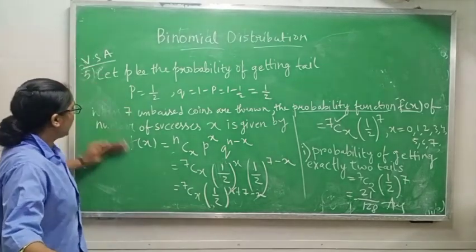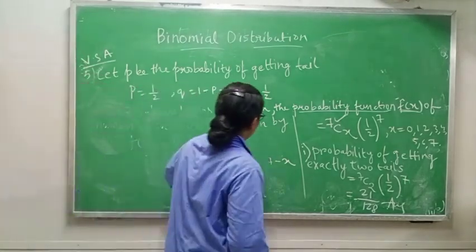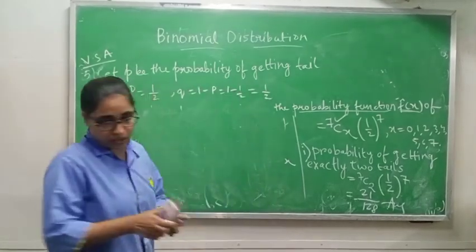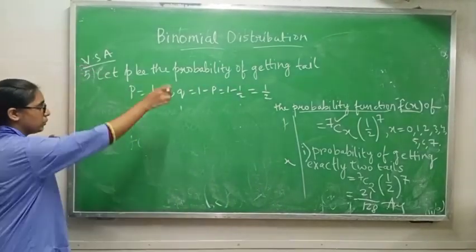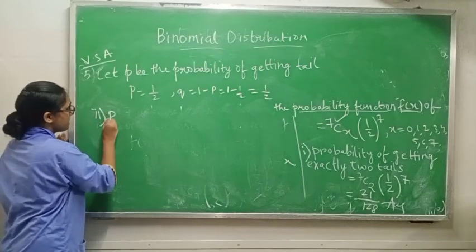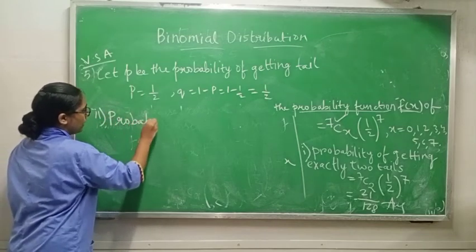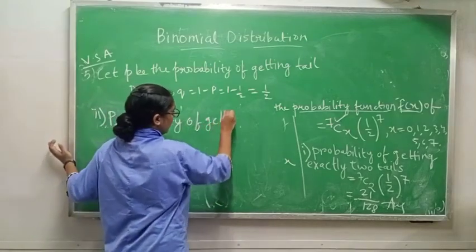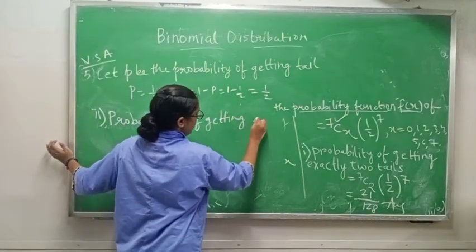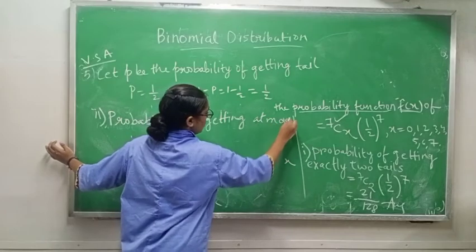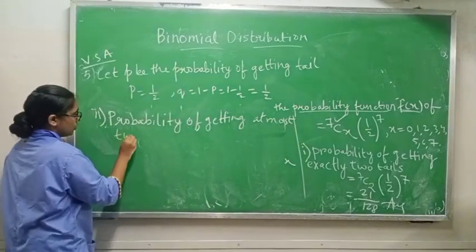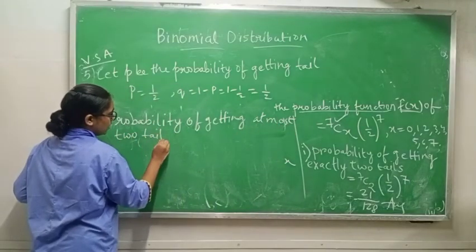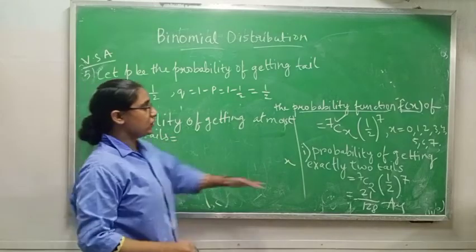So how will you find at most? First you will write, probability of getting at most 2 tails. We will use this formula only.